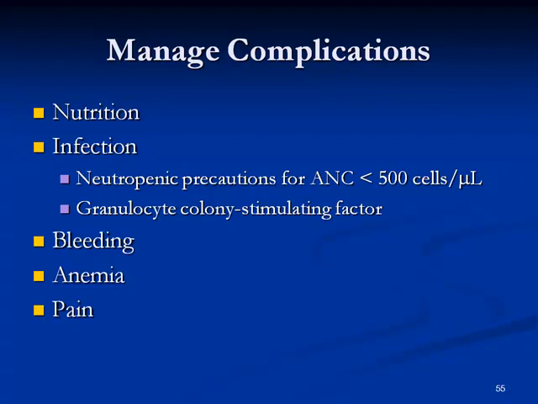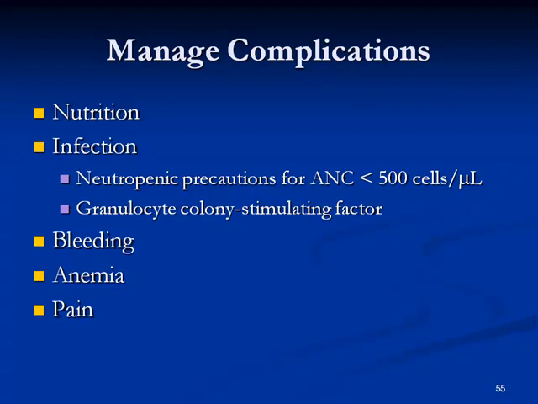Complications that we're concerned about, nutrition is always an issue. We talked a little bit about that last week, infection. And some places are doing neutropenic precautions and some places are not, depending on what their philosophy is. But often when the neutrophil count gets really low, then we do neutropenic precautions to protect the patient from infection. Things like having no fresh fruit or food, no fresh fruit at all, no flowers in the room.